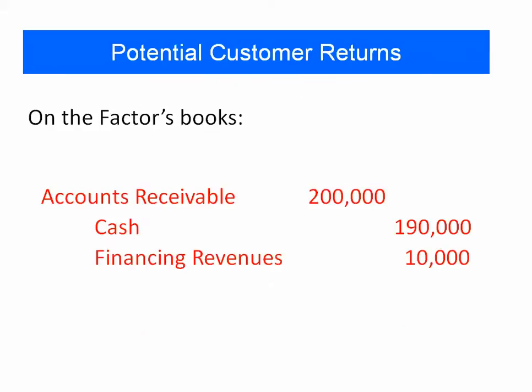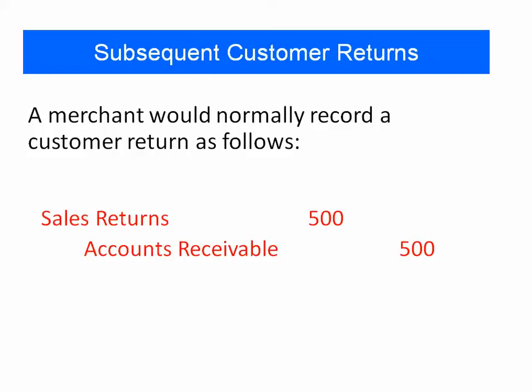On the factor's books, the entry will change as follows. The $190,000 in cash again becomes $175,000 in cash. They will record a liability, due to merchant, of $15,000. Let's go ahead and take a look at subsequent returns by customers. Normally, a merchant would record a customer return as follows. They would debit sales returns for $500 and credit accounts receivable for $500.